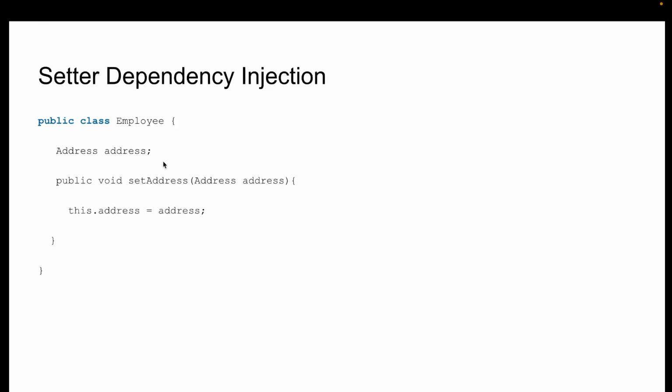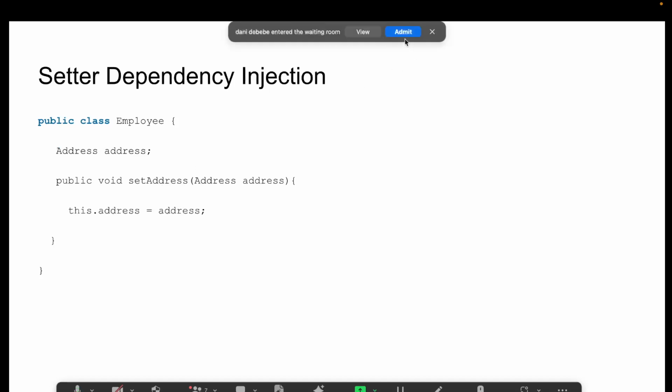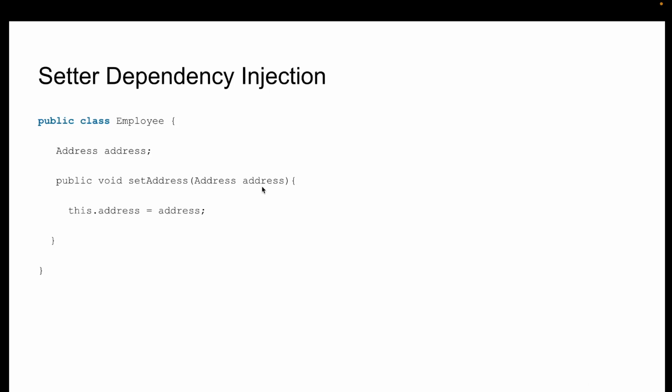We have the employee address available as a data member, and what we are doing is creating a setter method, and in the setter method we have a parameter named address, and we are initializing this using this setter method.